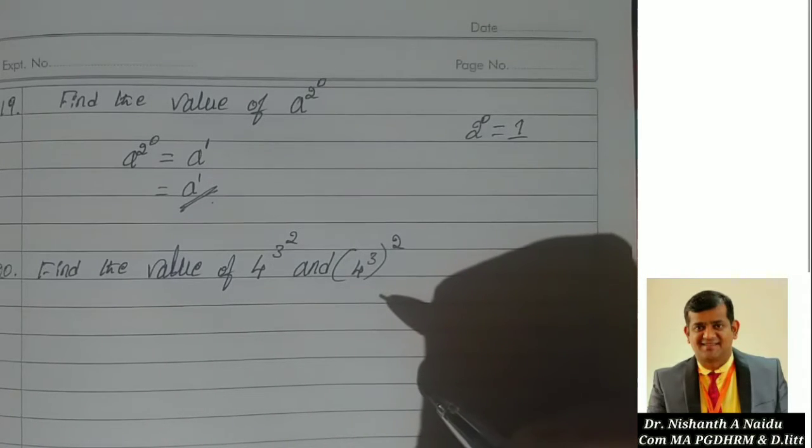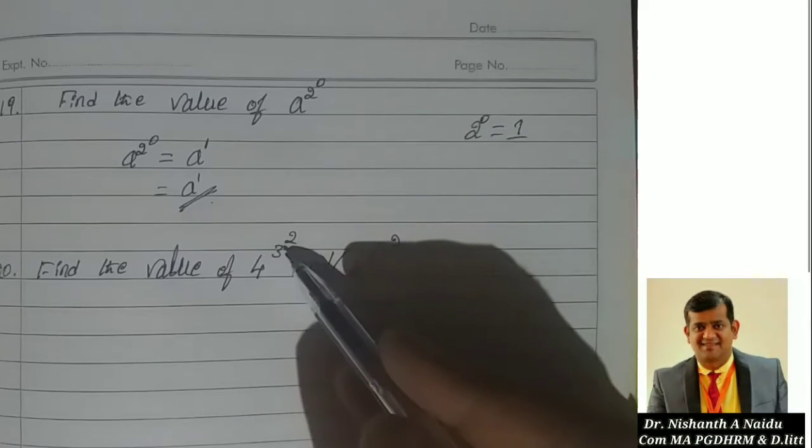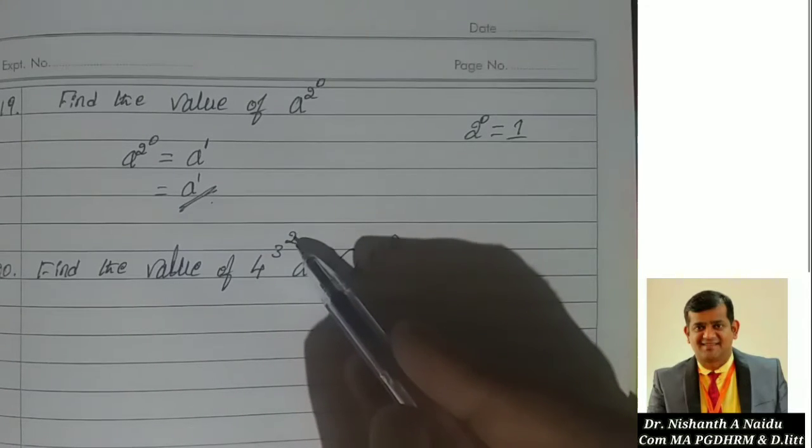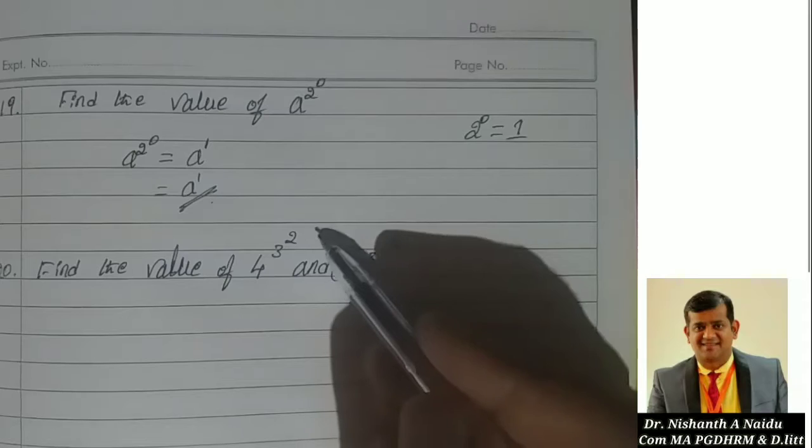So how are we going to solve it? Which law are we going to apply there? Can you remember? In such a case, here 4 to the power 3 to the power 2, first 3 twos are directly multiplied.